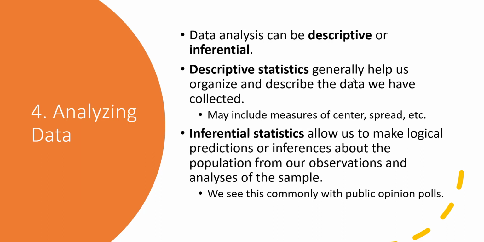Inferential statistics, on the other hand, allow us to make a prediction or an inference about the population from our sample. So maybe we find out from our sample that people, again, with more education tend to have higher incomes.